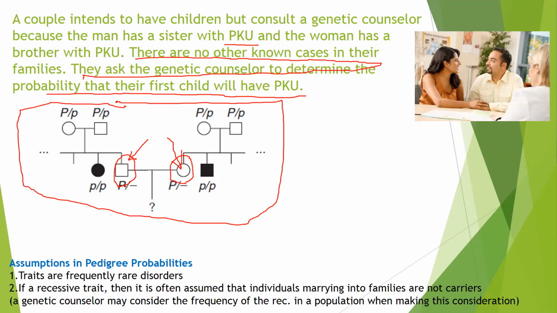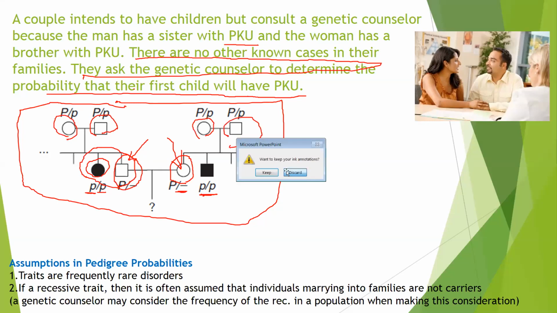However, based on the information we know, this man has a sister who is affected by the disease, so we immediately know the genotype for his sister. The same for the woman: her brother is also an affected individual. So based on this information, we know the grandparents should be carriers, heterozygous, in both families. Okay.